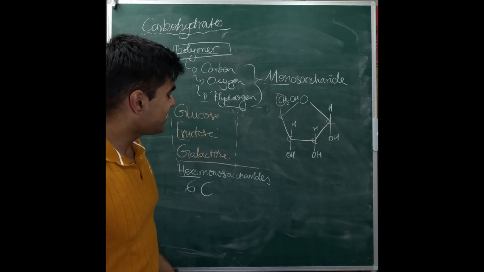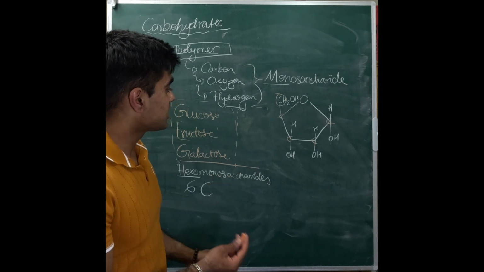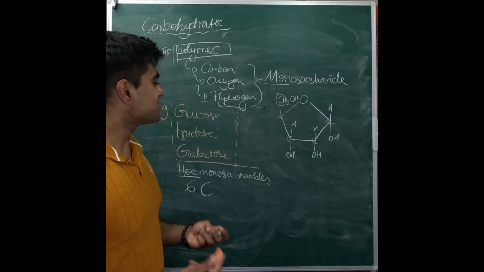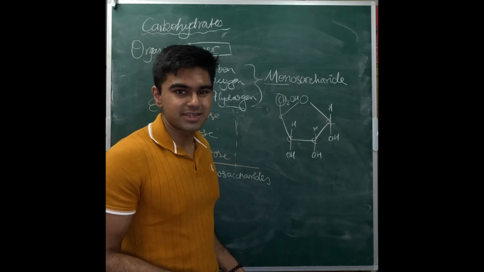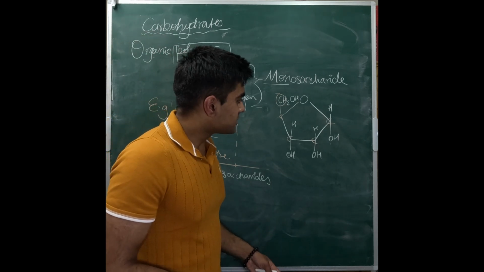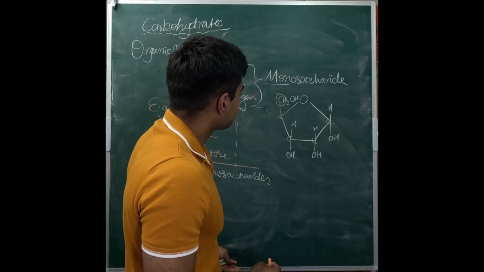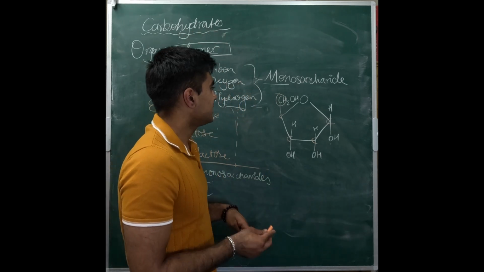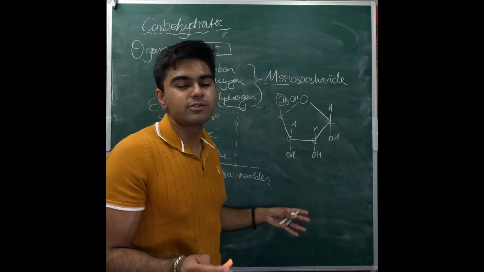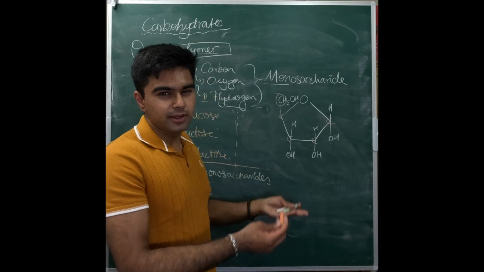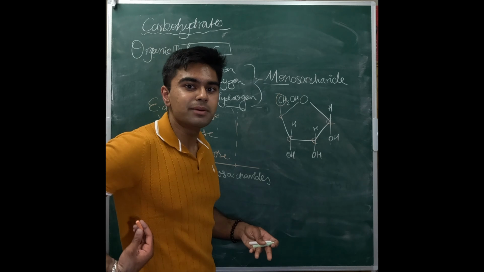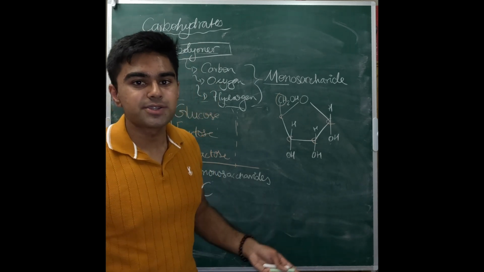Now, do we need to know the structure of ribose and deoxyribose? That's something that's been very hotly debated, I can't lie. When I was doing my A-levels, I did say I'm going to just skip ribose and deoxyribose structures because the value you gain from it is likely to be much less than any marks you could gain from that.